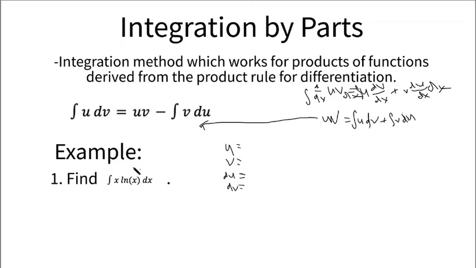First, for what we're going to set u as in this one, we want something so that once we find dv, one of the things, x or natural log of x, combines with the dx, so that we get the left-hand side of the formula. So let's set u as natural log of x, and set v as x squared over 2.